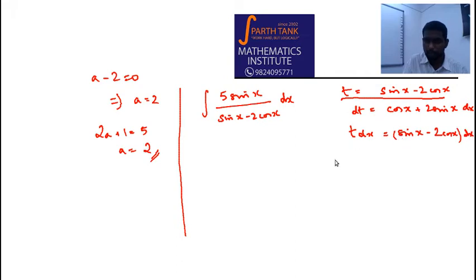Now if I do a summation of this and this to get 5 sin x dx, that is, if I need 5 sin x dx and to eliminate, let us say, the cos x, all I have to do is multiply this term by 2 and add it to this.